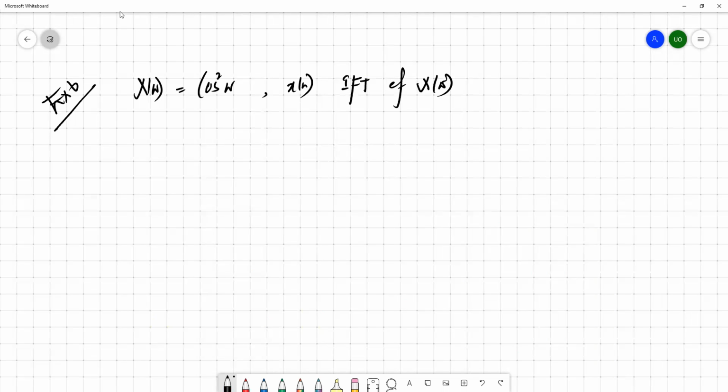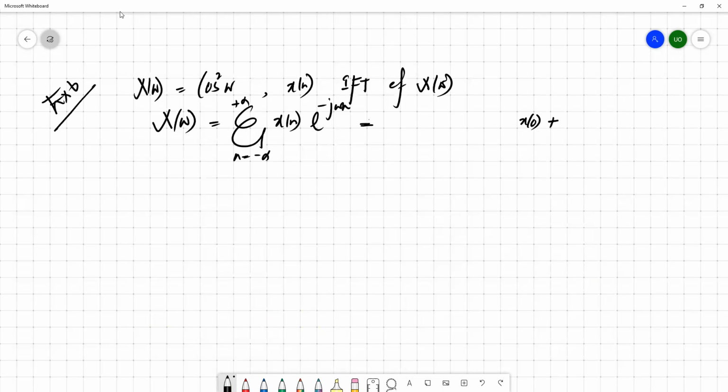By the definition, this is the definition of this Fourier transform. If you just expand it for n equals 0, you have x[0], and e to the power minus j omega 0 is 1.